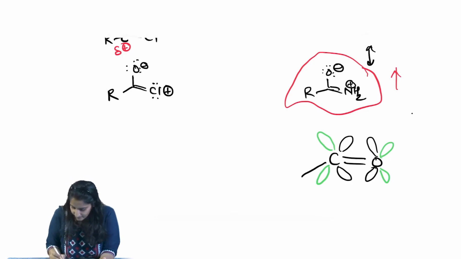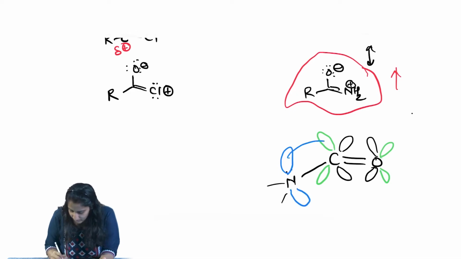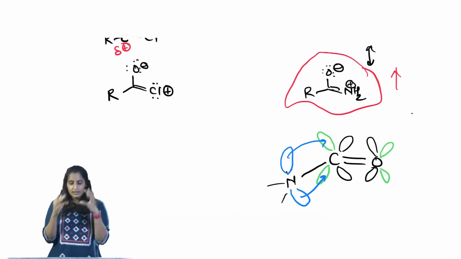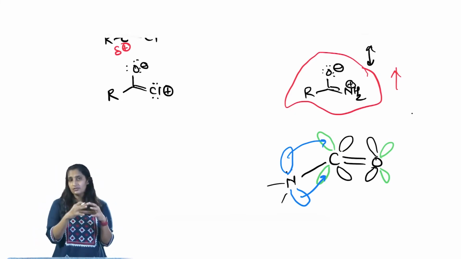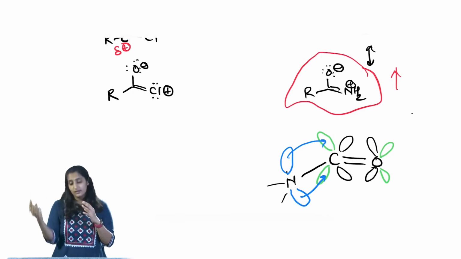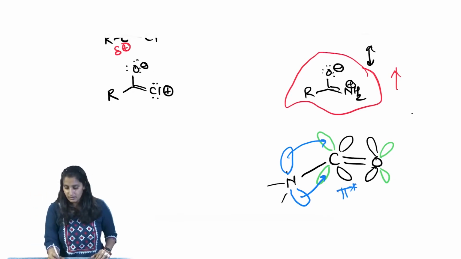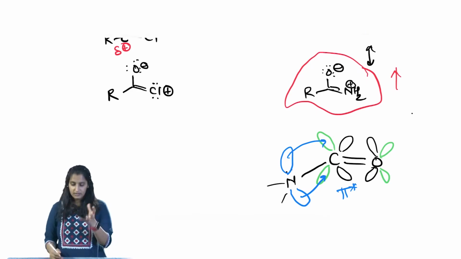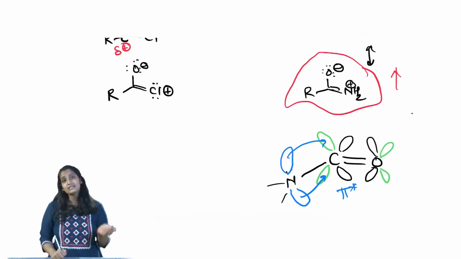Okay. If the nitrogen then puts in the lone pair, you have them here. So, you have the electrons going from the lone pair of nitrogen, that is the non-bonding electrons, to the pi star of the carbon oxygen bond. So, it makes it more stable.